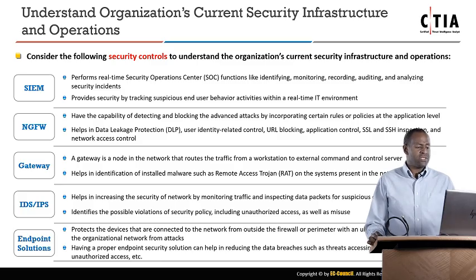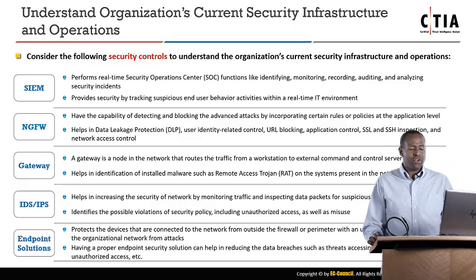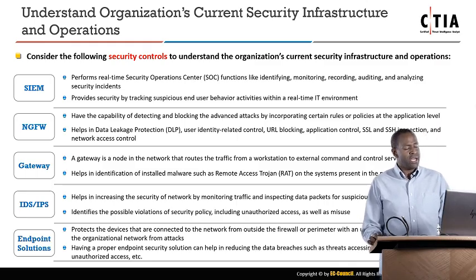What we want to do is perform our real-time security operations center, or SOC. You'll see that acronym used most of the time. Identifying, monitoring, recording, auditing, and analyzing security incidents. So our security information management is also going to be tracking suspicious end user behavior. So SIEM is also very important.